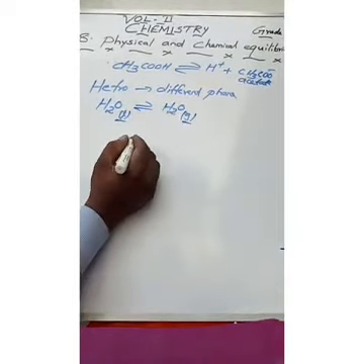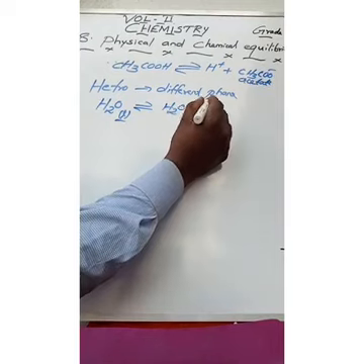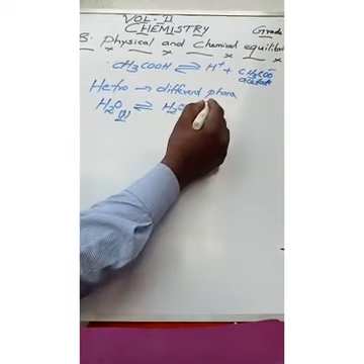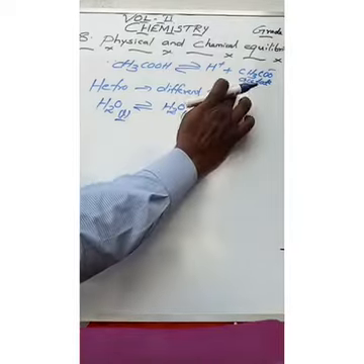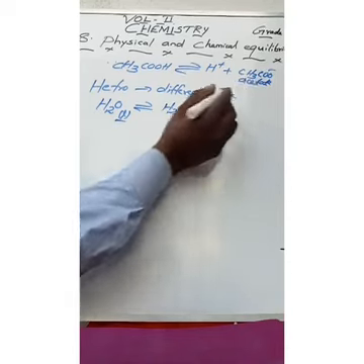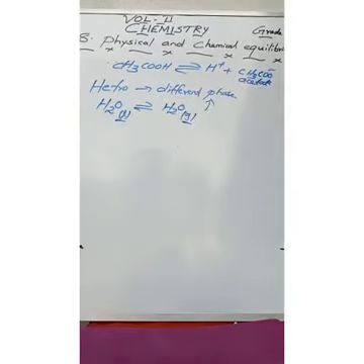So here the reactant and the product are in different phases. That we are saying heterogeneous. Try to learn the equation. Equation is very, very important. Without equation, there is no chemistry. So try to learn the equations correctly.